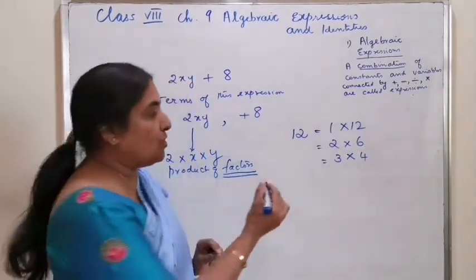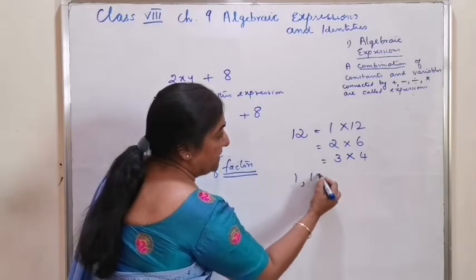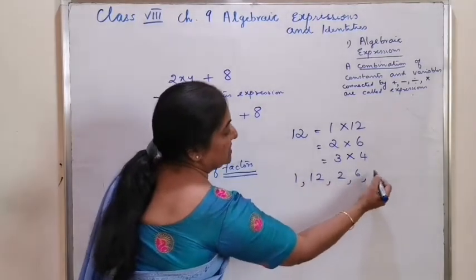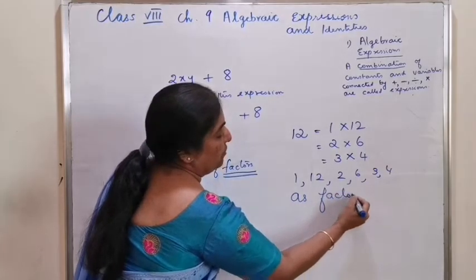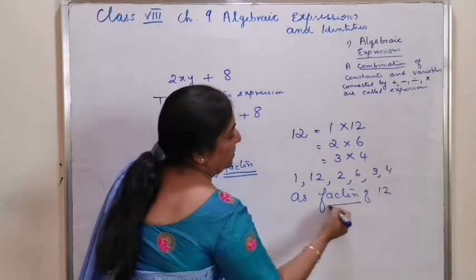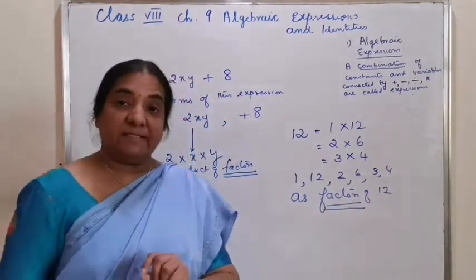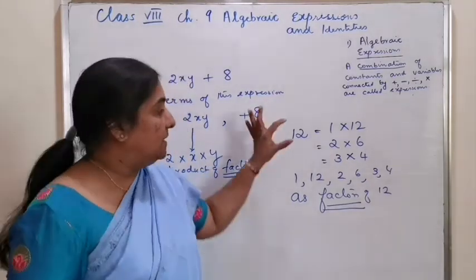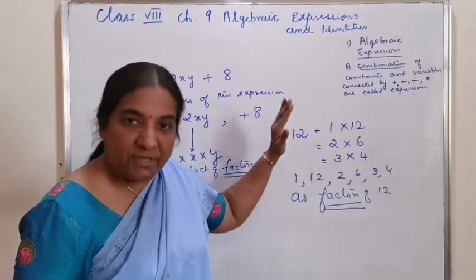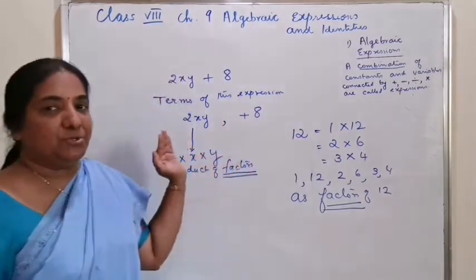And we used to call 1, 12, 2, 6, 3, 4 as factors of 12. And why are they called factors? Because the product of the factors is giving you the particular number. So the same comparison you can do here.